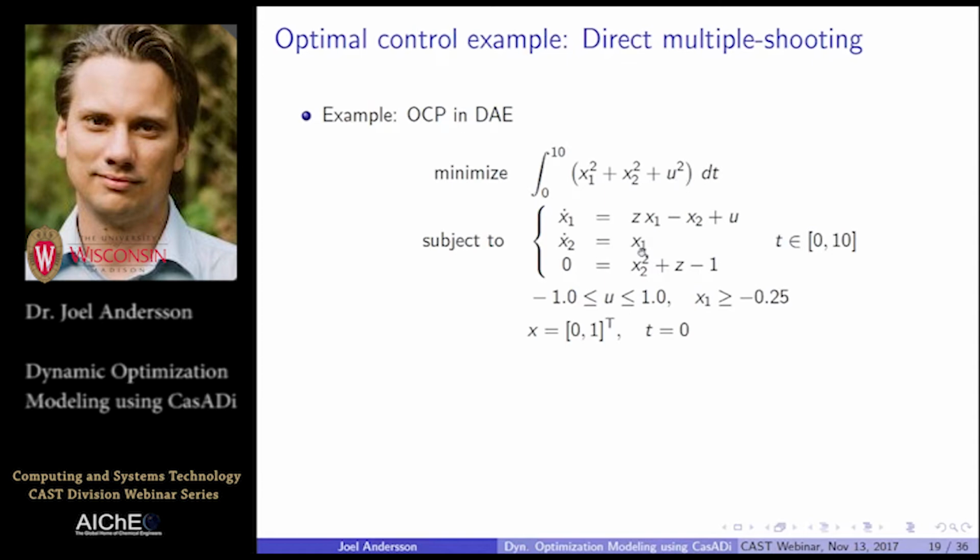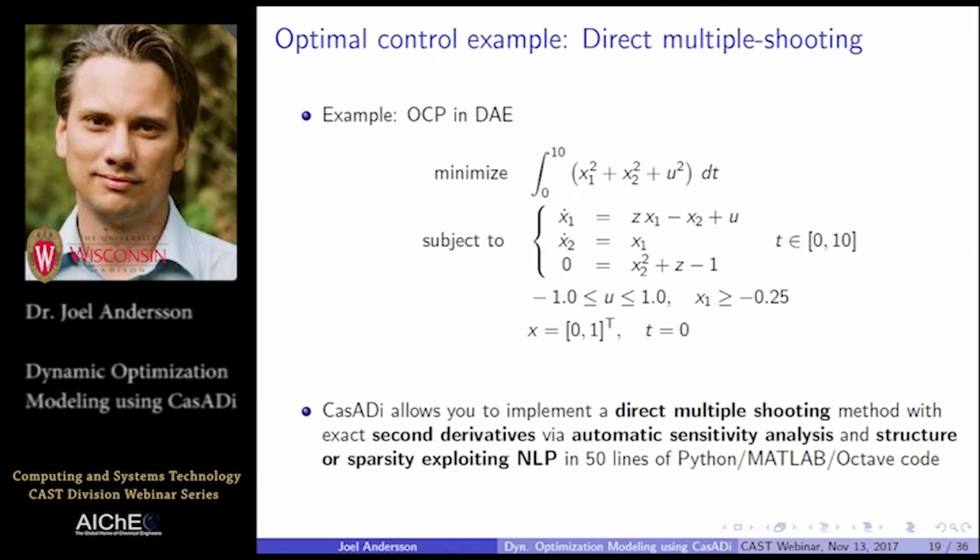We have a very trivial DAE with two states and one algebraic state, and with bounds on our control and state. So what CasADi allows you to do is to take a problem like this, or a much more complex problem than this, and to implement your own control method easily.